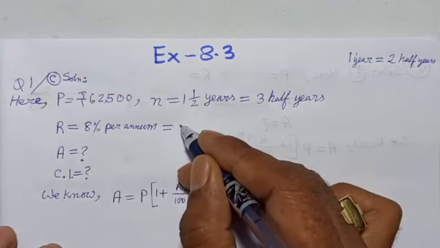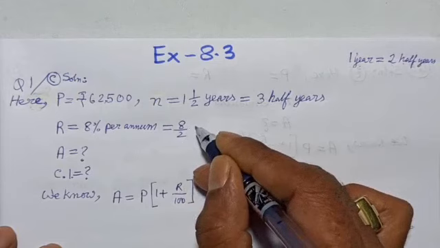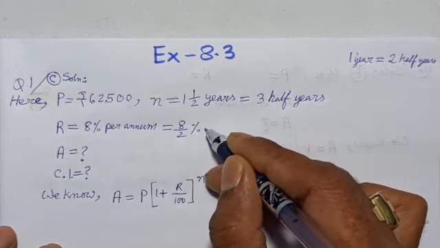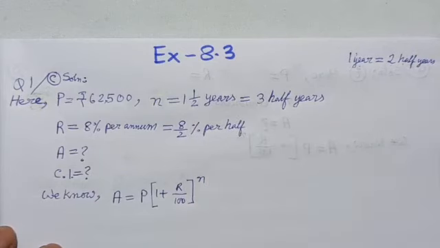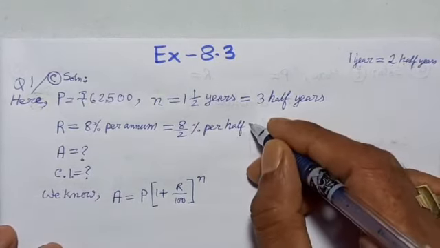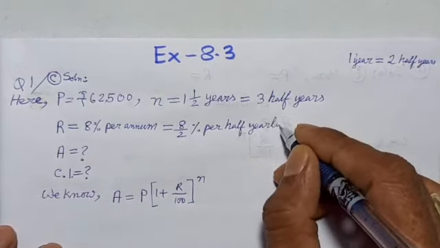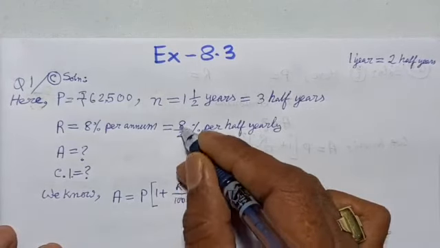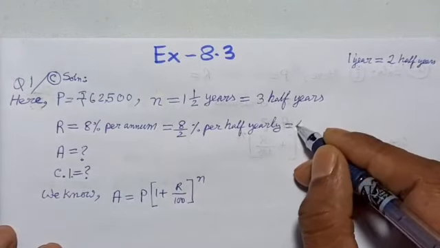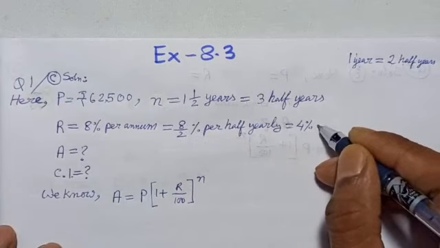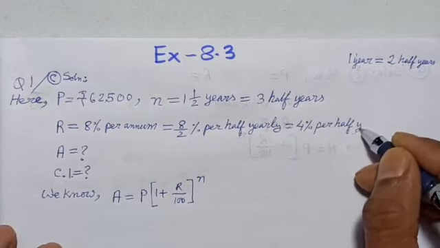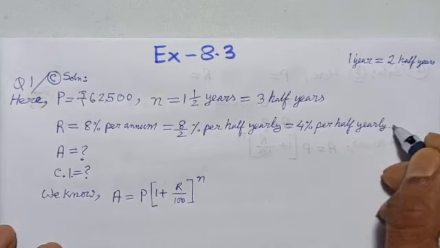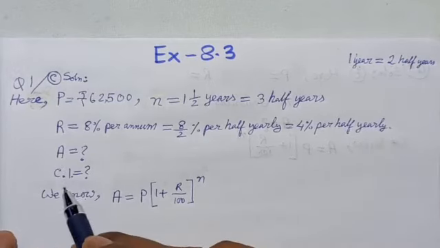So if 8 is divided by 2, we get the rate per half year. 8 divided by 2 is 4, so 4% per half year. Then we have to find the amount and compound interest.